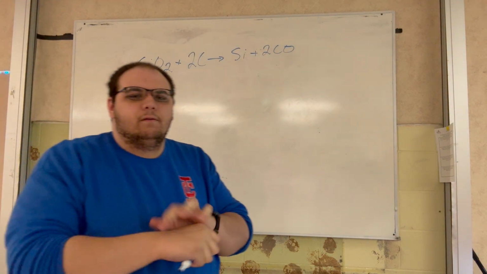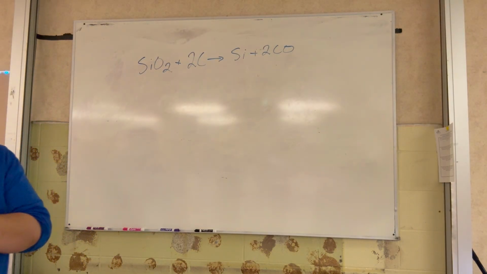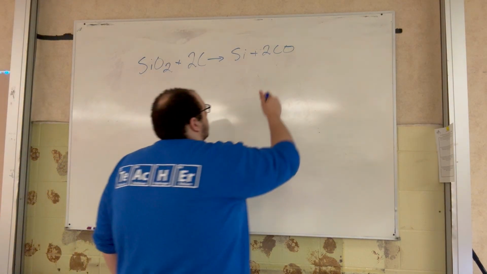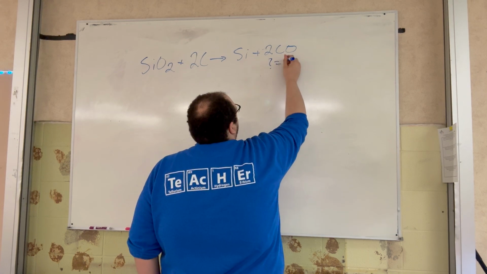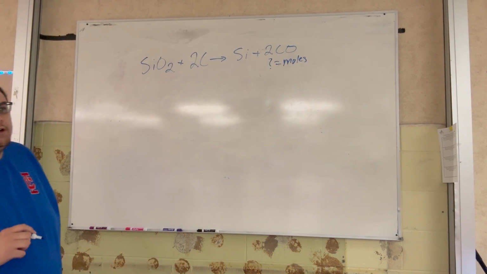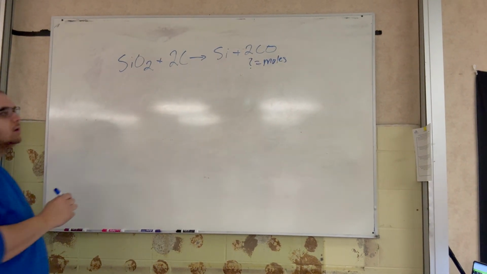Natalie, what am I solving for here? What's my unknown going to be? How many moles of CO? Perfect. So we're looking for moles of CO. Gage, show me one of my givens. SiO2, 4.5.